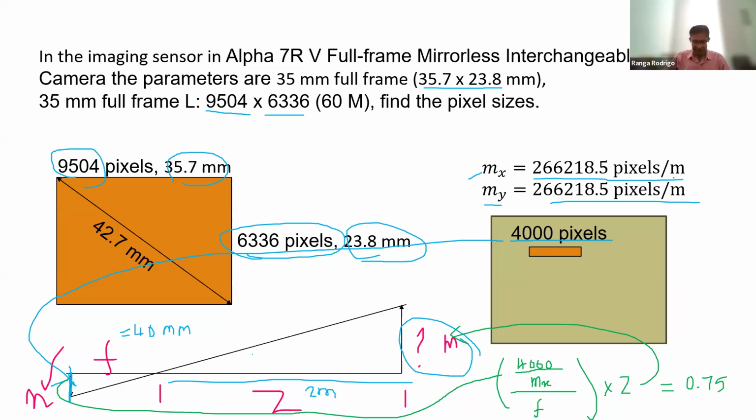That one divided by 40 millimeters, multiplied by 2 meters. Yeah, this is in meters. So you'll get 70.75 meters. That's the answer. Actual size of the object.